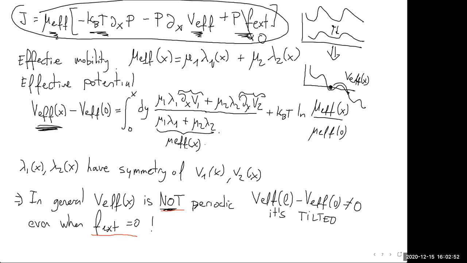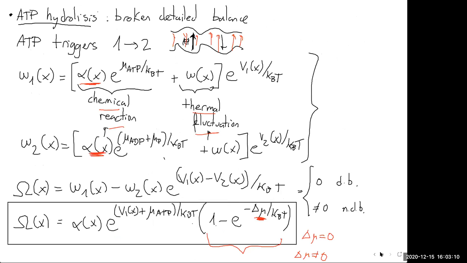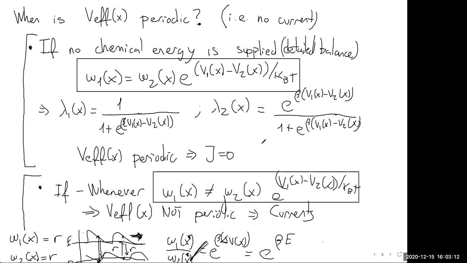Okay, it's non-periodic, there is a current. Molecular motor does not need an external force to get a current. You can have an effective tilted diffusion by switching potentials and breaking the detailed balance. That's the thing. What you need to get a current, and this is the conclusion: current in motors needs two ingredients.